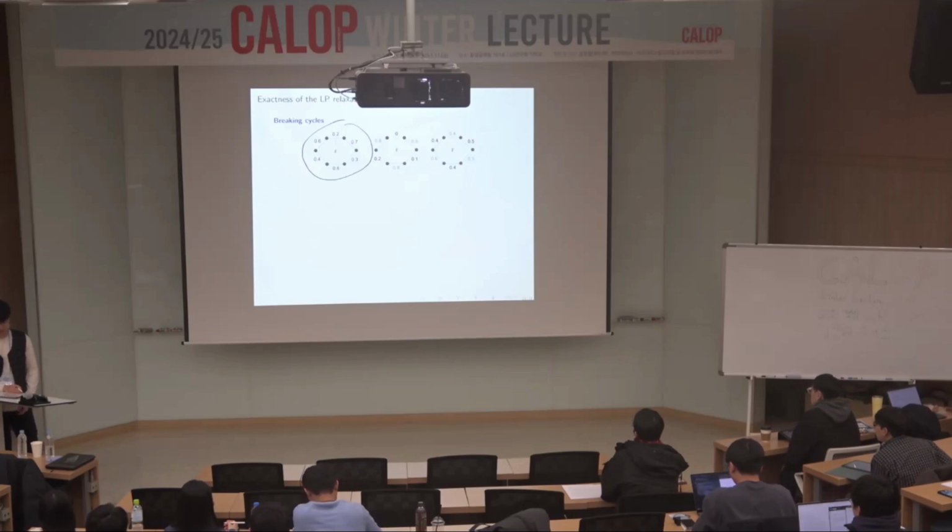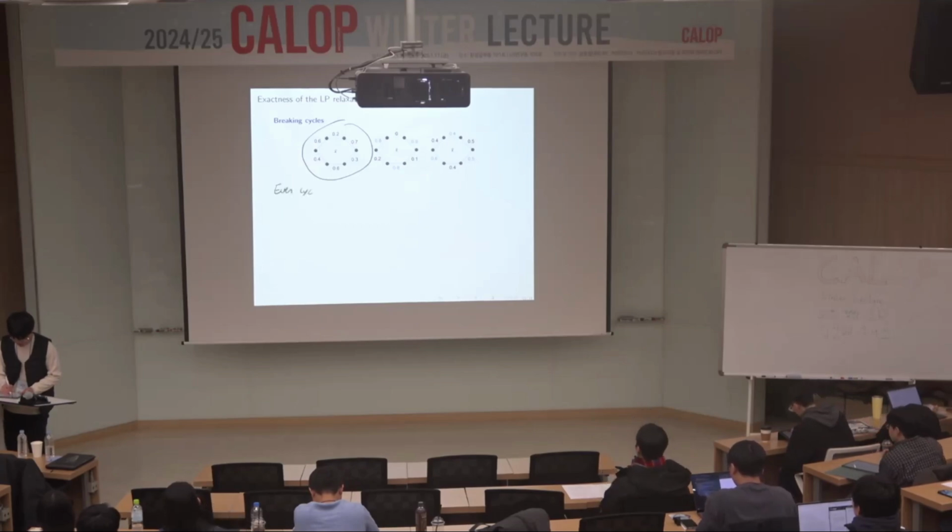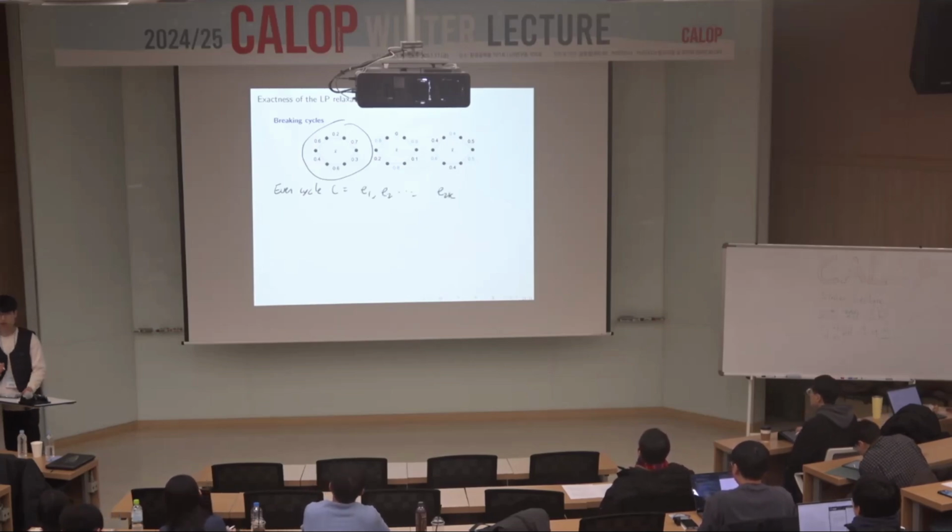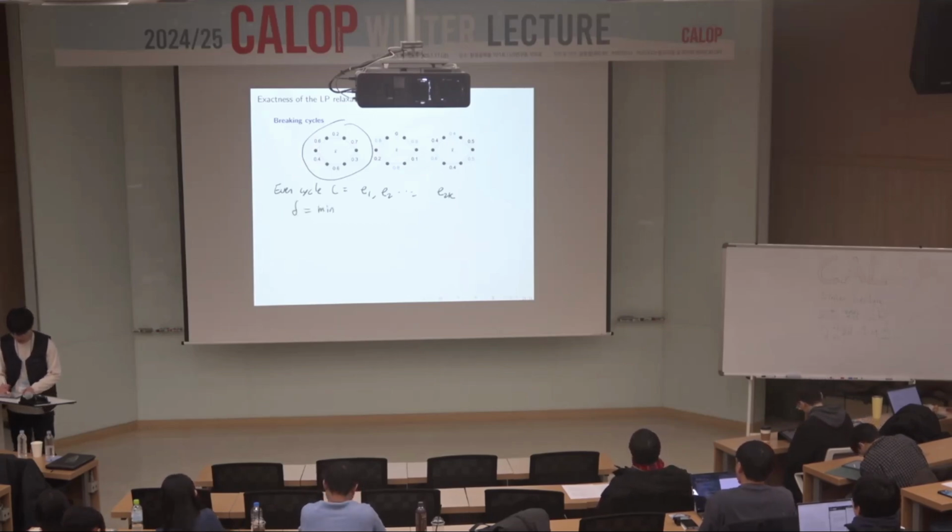Okay, and what I'm going to do is the following. I'm going to take the minimum value. Let's say I have an even cycle C with 2k edges, and I'm going to take delta to be the minimum value of x bar e, where e belongs to the cycle.